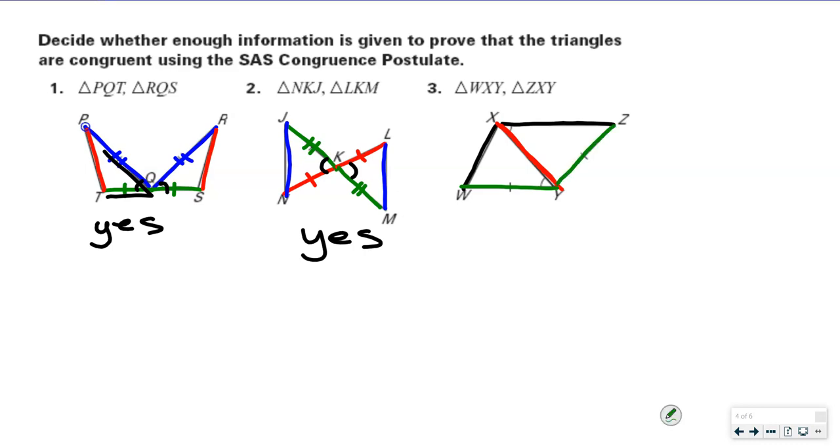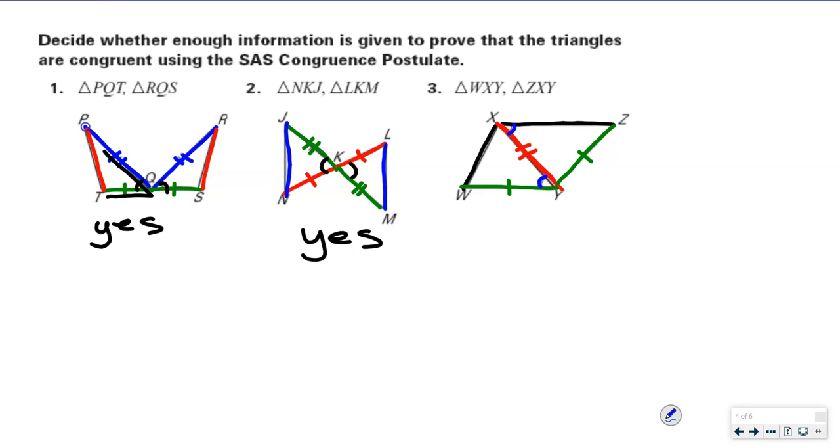And Y to Z. So our WY and YZ are both congruent and marked that way. Our red line is a shared side, so we can mark that congruent. And then we have two angles that are marked as congruent.